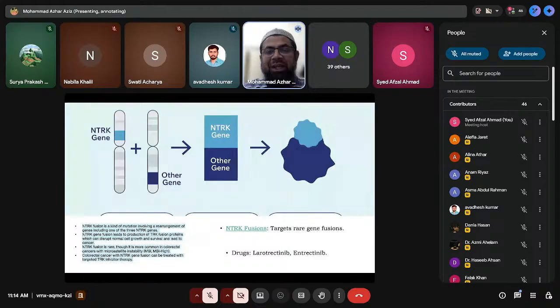Another target was NTRK gene fusions. Yesterday, Dr. Asim was telling you about gene fusions as the causative events in the DNA that lead to cancer, like BCR-ABL mutations in the blood cancers in kids. In colorectal cancer, we have NTRK gene fusion. This is also there in lung cancer.